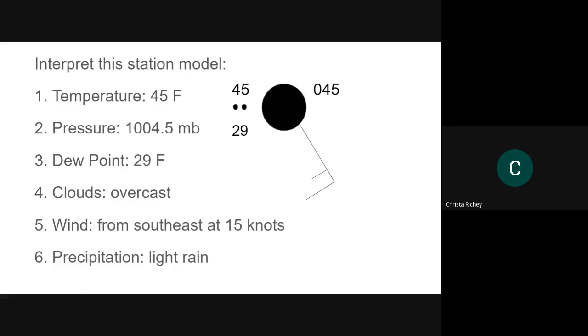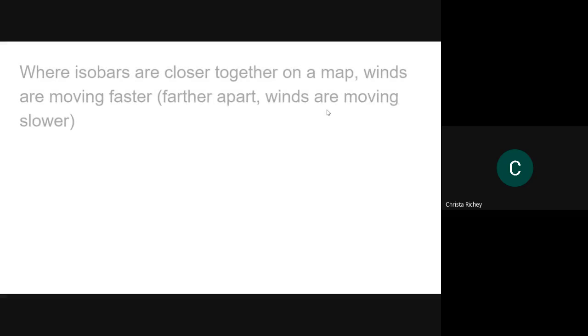We talk about isobars, pressure flow, and the difference between convergence and divergence. On a map, if the lines are closer together, you will be experiencing stronger wind. When they are farther apart, you will be experiencing lighter wind.